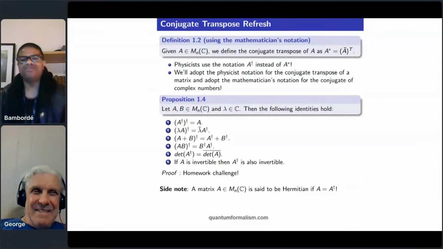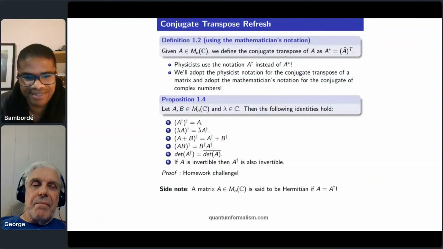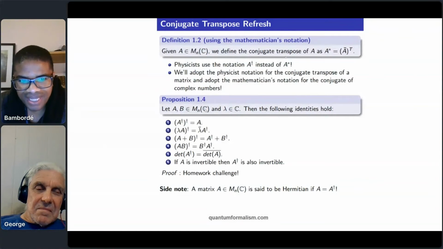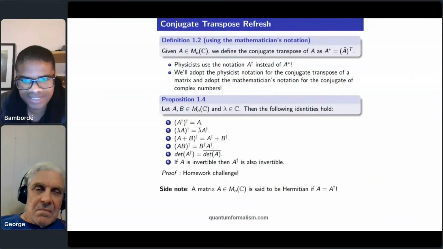This is one of those good influences that physicists have on mathematical notation. So A dagger is what's called the conjugate transpose, or Hermitian conjugate. I believe that's another name for it.